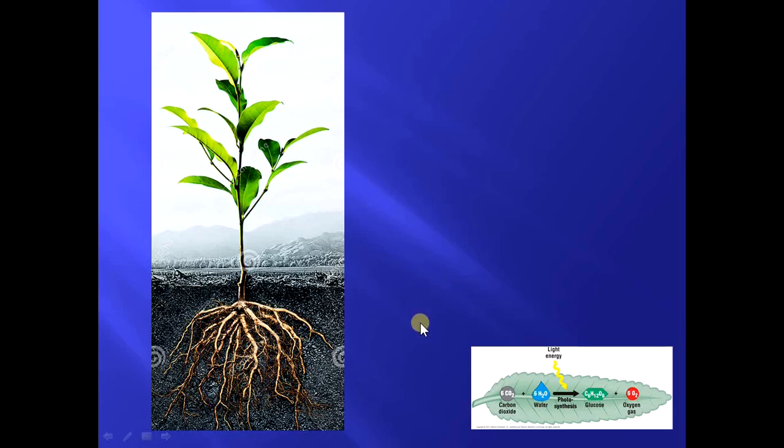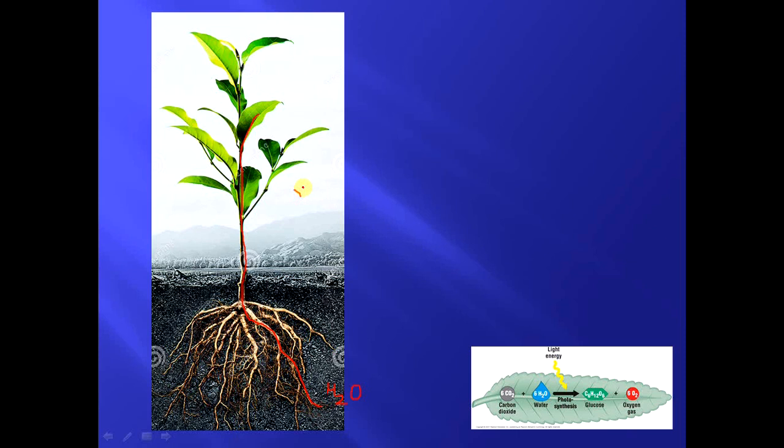So if we were to look at a plant, the water, as you know, is going to come in from the roots and go up through what's called xylem vessels out to the leaves, where it gets used and a fair amount of the water evaporates into the atmosphere.